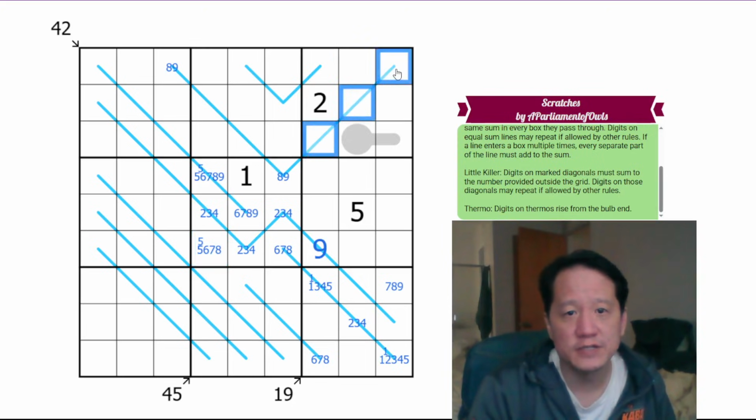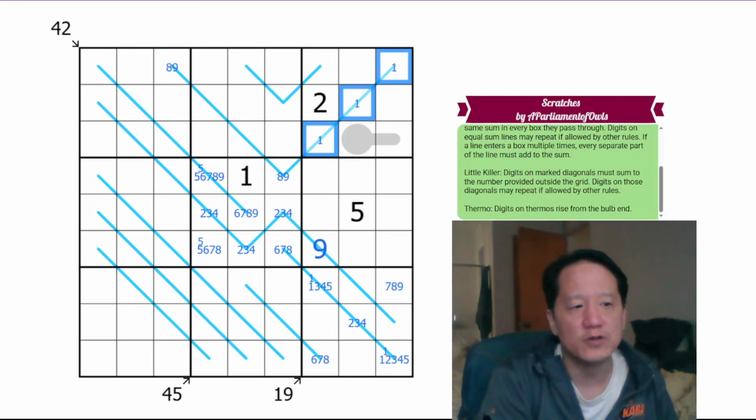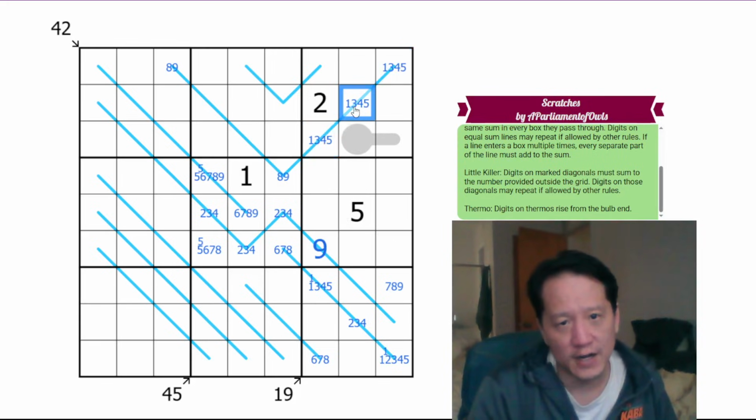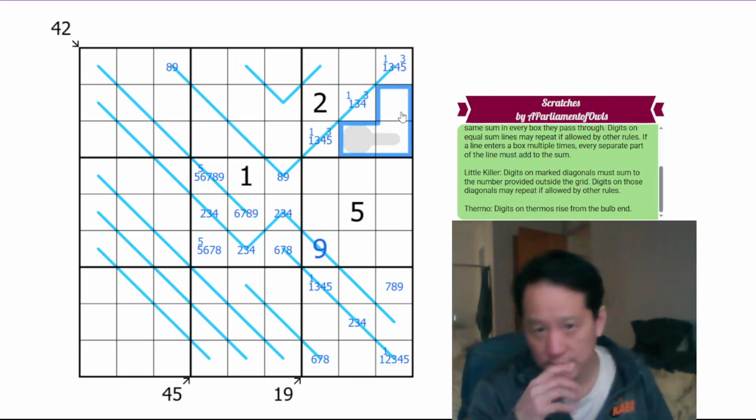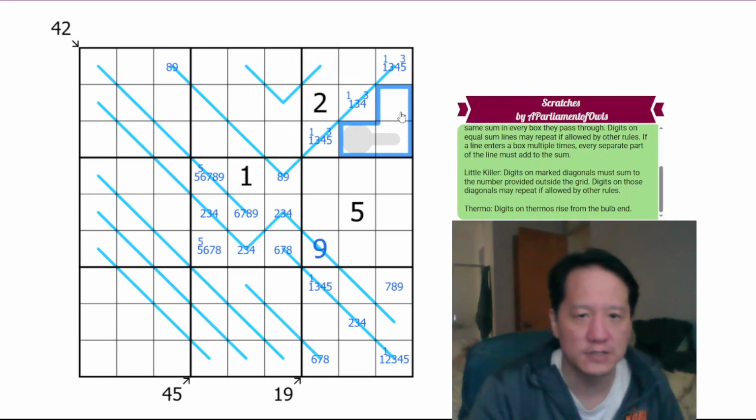This must be either 1, 3, 4 or 1, 3, 5 to add up to 8 or 9. So this is guaranteed to have 1 and 3 here, which means the remaining digits in this box must be 4 through 9 as possibilities.